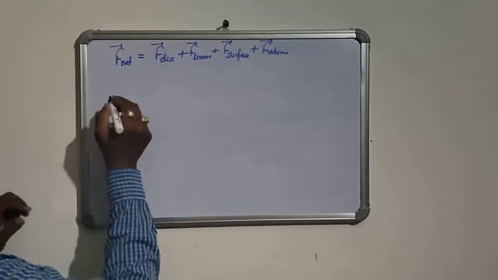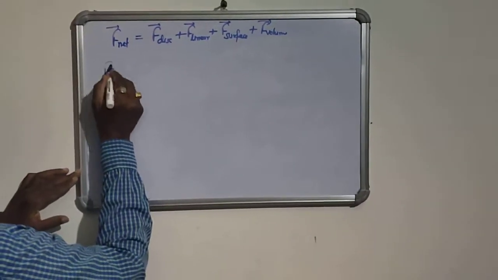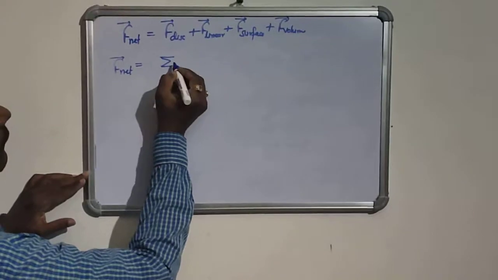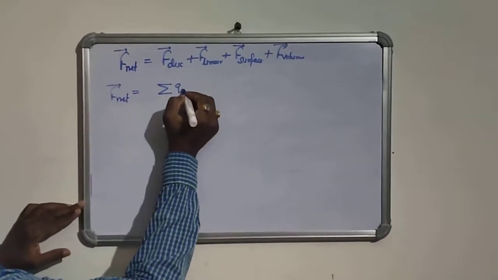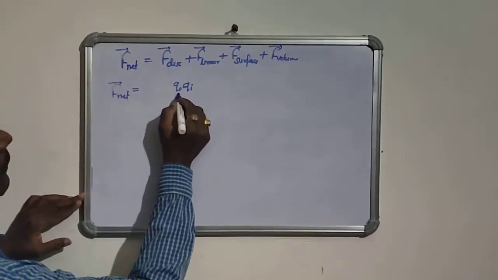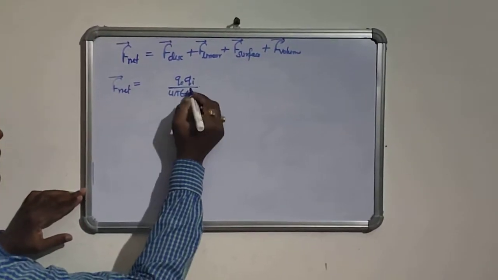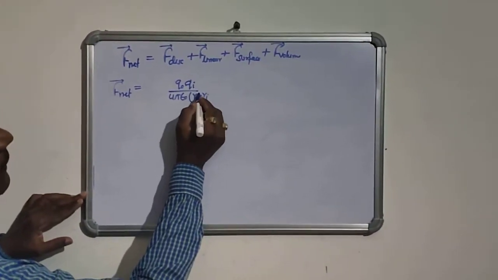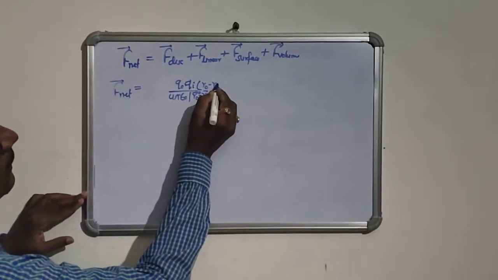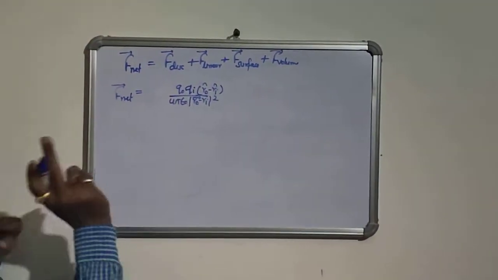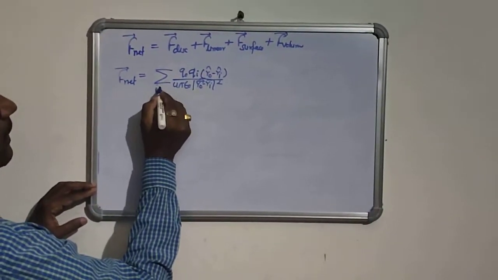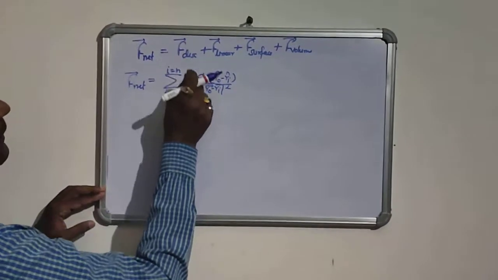So F discrete, recall from your previous class, can be written as the summation of Q naught and Q i upon 4 pi epsilon naught, times R naught minus R i squared, with the unit vector R naught minus R i cap, where i equals 1 to n. This is the discrete manner.